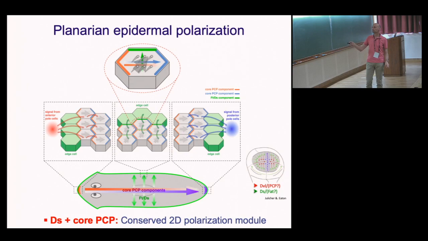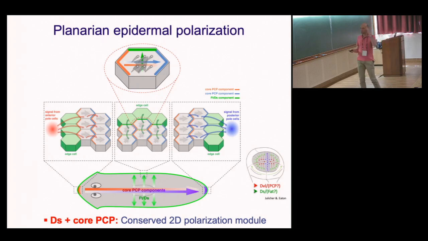And then there's canonical PCP, which tends to orient cells along the long axis of the future wing, so towards this boundary here. And so again, this is very likely simply reflecting the reutilization of these pathways in evolution, and therefore shows that via these two pathways, you can actually generate 2D effects in polarity fields in biological systems.